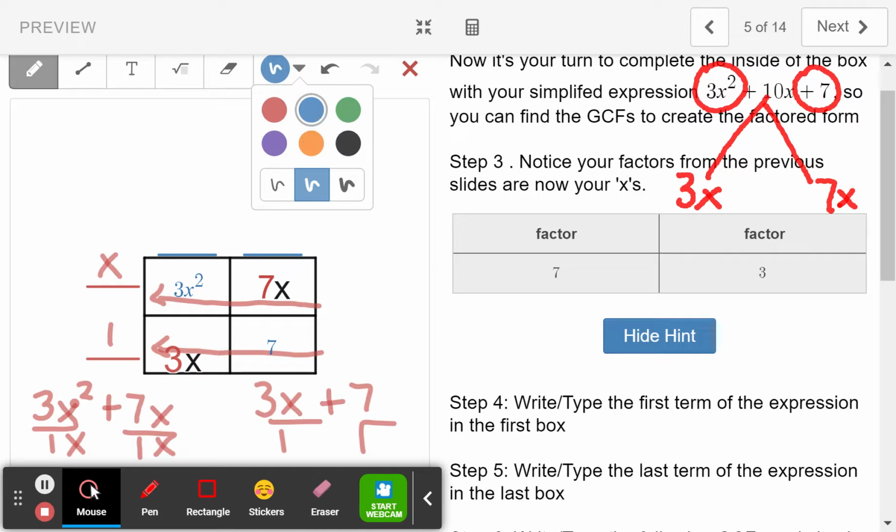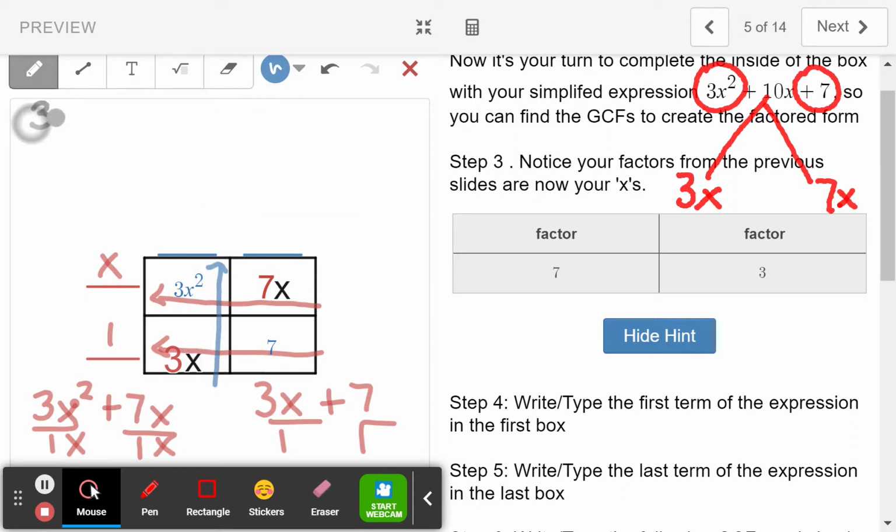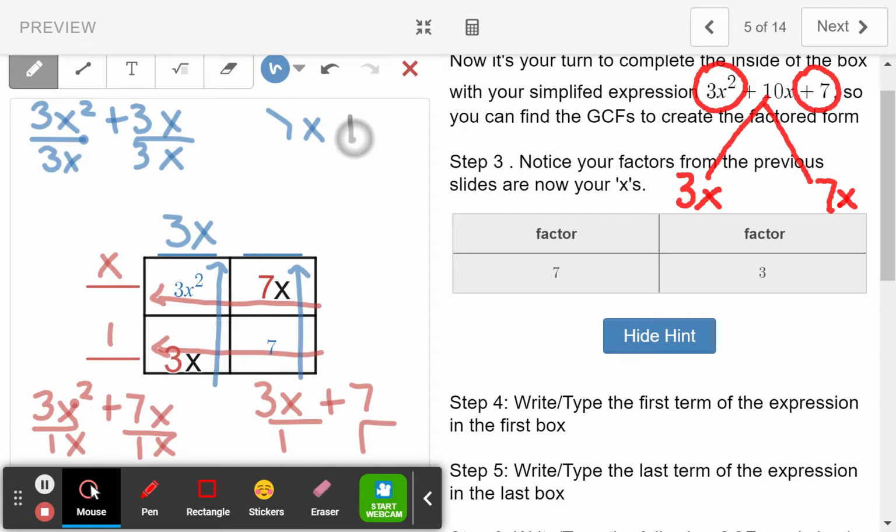Now I'm going to use the columns. I'll show my work up here so you can see it nicely. So the greatest common factor of 3x squared and 3x is going to be a 3x. The biggest number that 3 share is itself. It's just a 3. And then the greatest common factor of this column, the 7x plus 7, is once again going to be a 7.